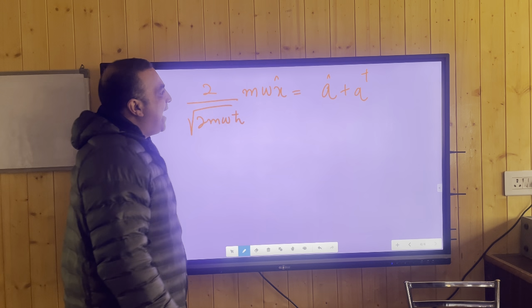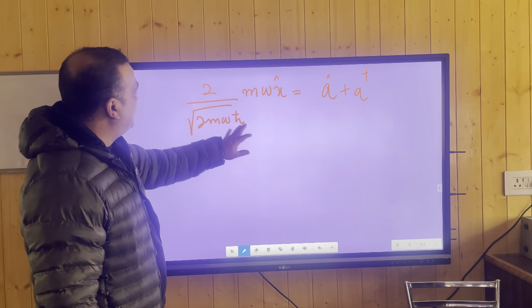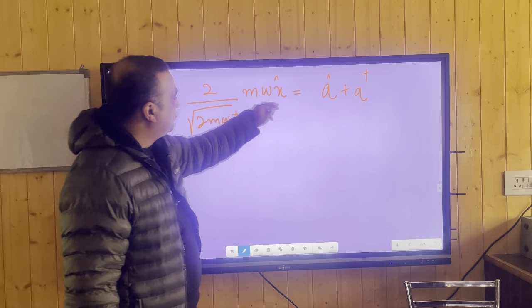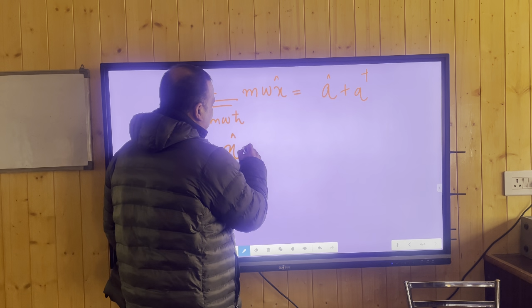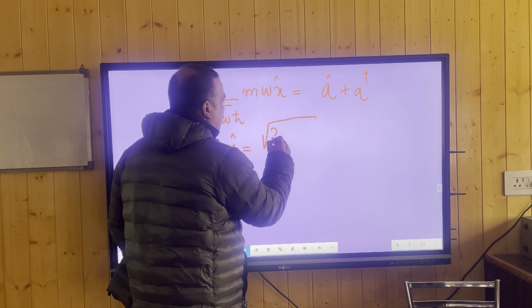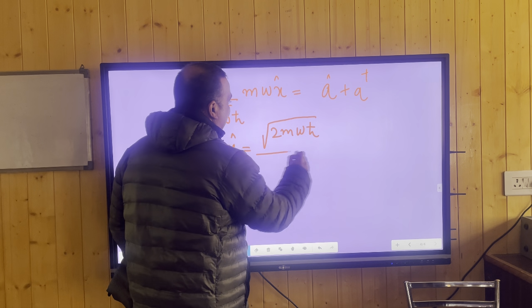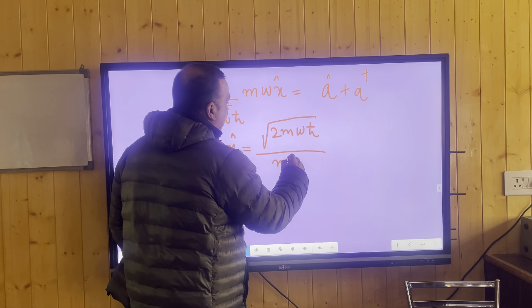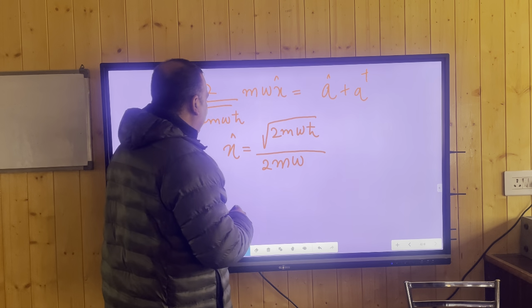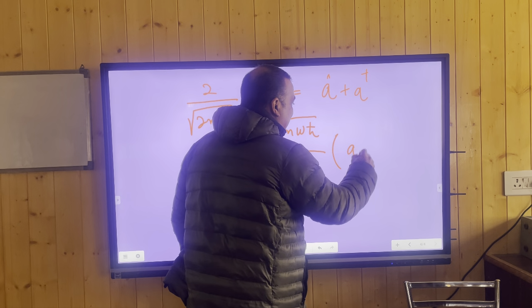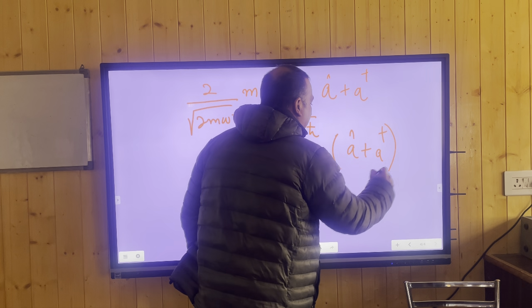So what we have here is the summation of these two operators, and from this equation we can calculate the position operator. What will be our position operator? It will be x cap. So this term will go up. This will be 2m omega h bar, divided by m omega, and 2 also, multiplied by the annihilation operator and the creation operator that we have.